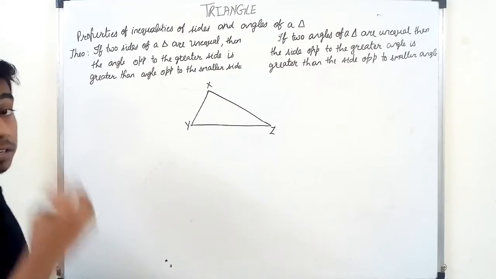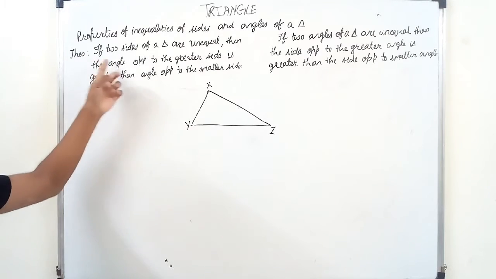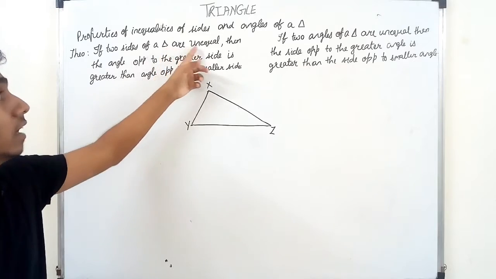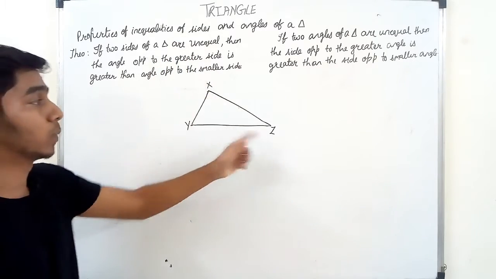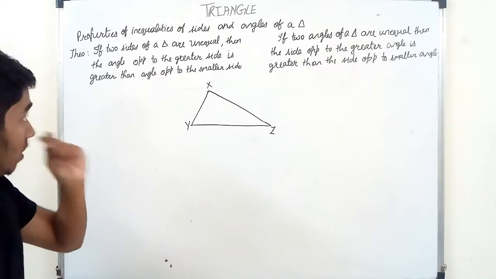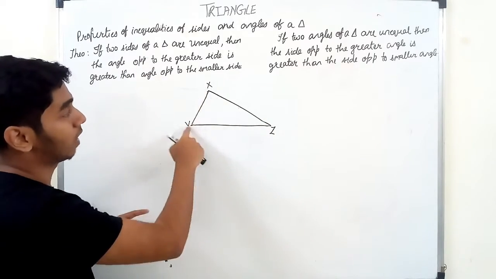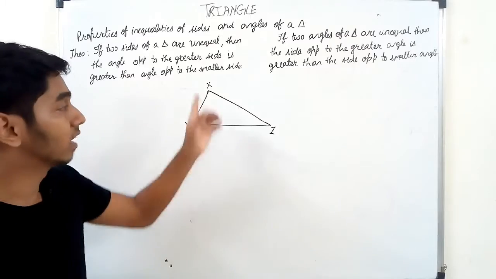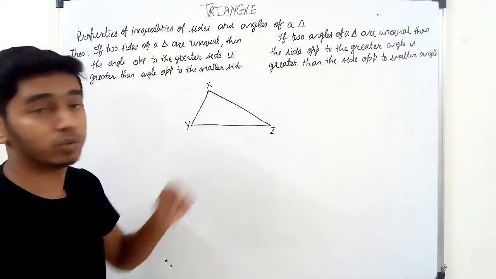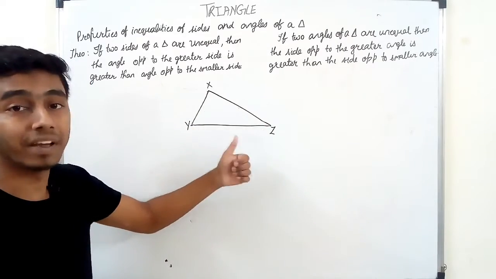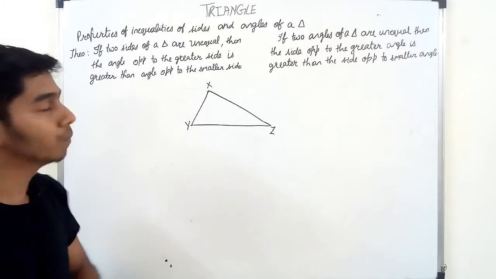Let's see the first theorem. So this says that if two sides of a triangle are unequal, so if you take triangle XYZ for example, let's consider two sides, one XY and XZ. They are unequal, their length, yes or no? XZ looks bigger compared to XY, yes or no?